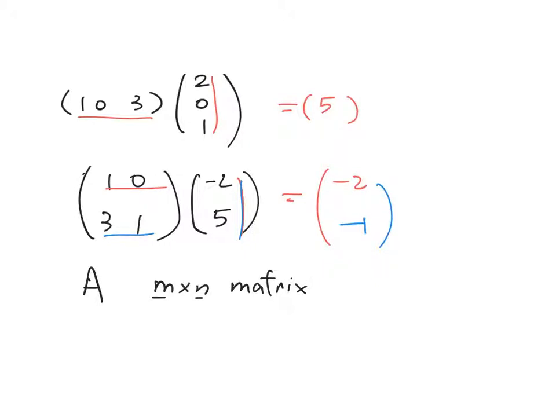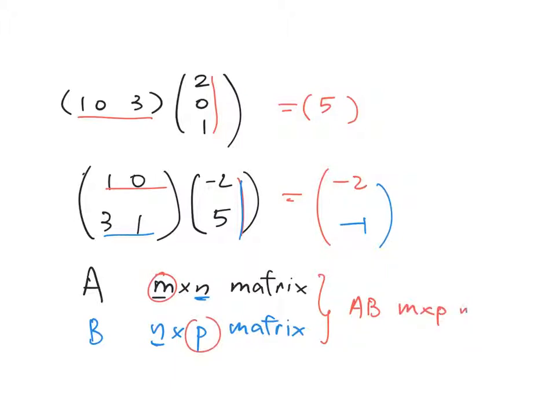Then if you want to do the multiplication properly, B should be n by p. That means column and row should fit. And then it goes to an m by p matrix. Then in this case, multiplication should be valid. And so at last, when you combine them and give you AB, the size becomes m by p matrix.